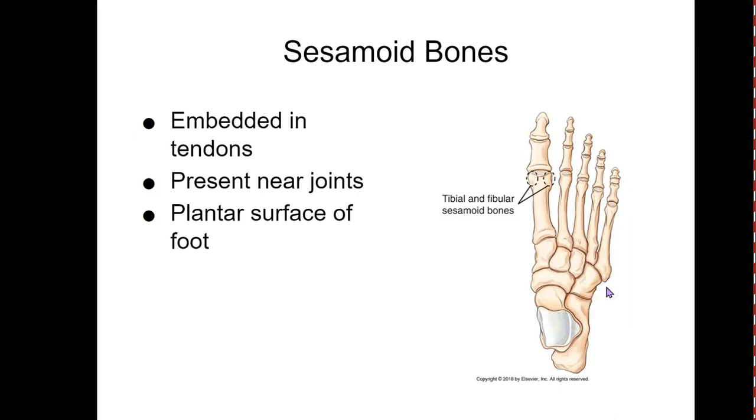Sesamoid bones are important radiographically because fracturing these little bones is actually possible. And because of their plantar location underneath the foot, those fractures can be quite painful, cause a lot of pain and discomfort when you're walking or bearing weight on that foot. You can do special tangential projections.